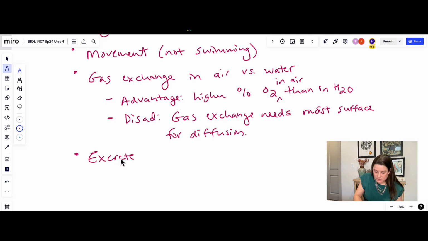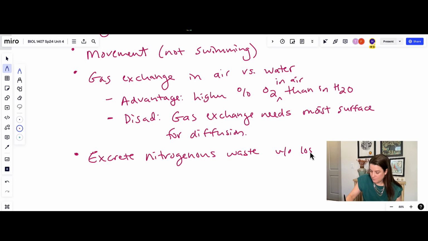And then we've mentioned this a little bit, but they've got to excrete nitrogenous waste without losing too much water. So ammonia is not going to work on land, for the most part at least. It has to be in a less toxic form, right?